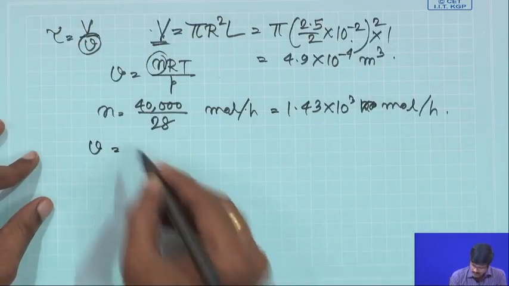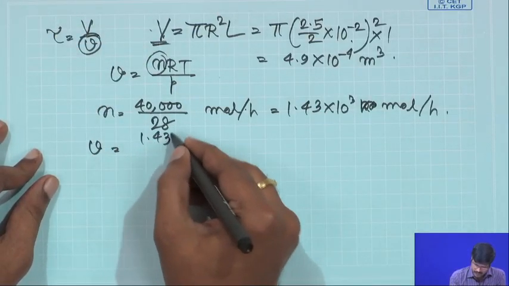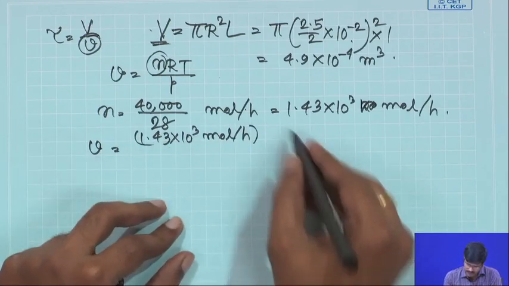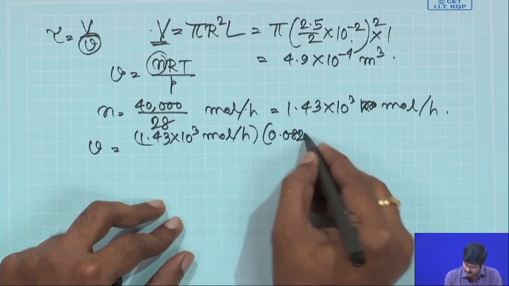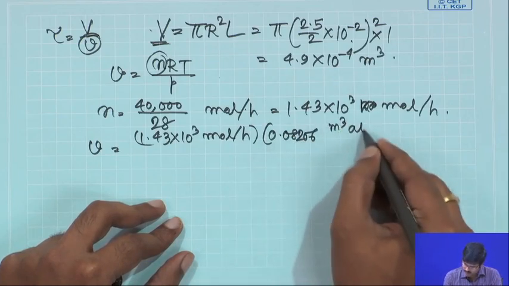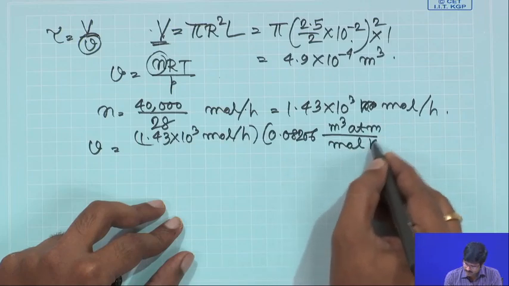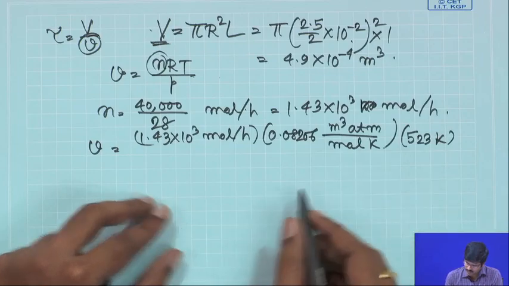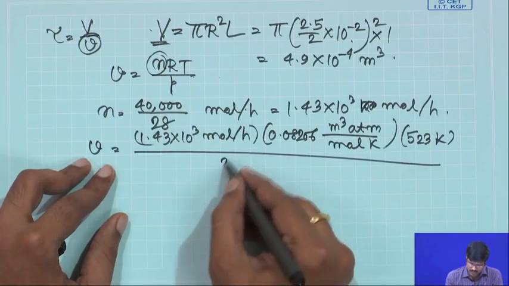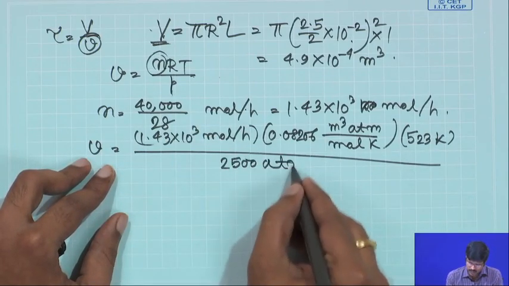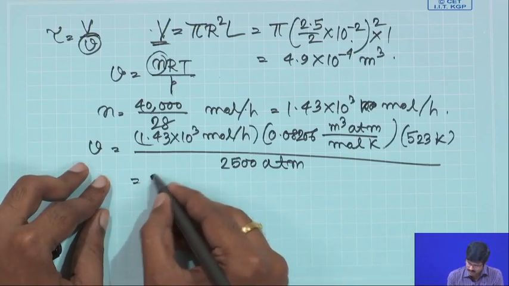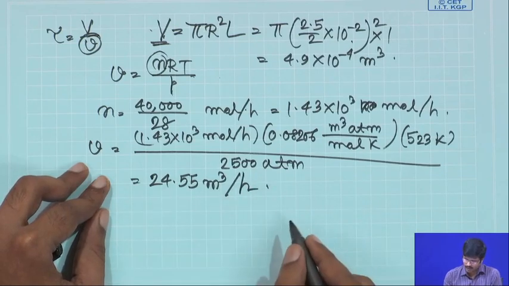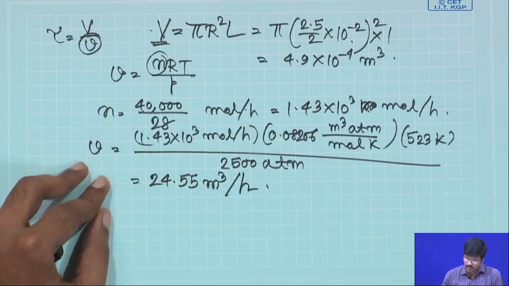Then your small v is 1.43 into 10 to the power 3 moles per hour, and the value of R is 0.08206 meter cube atmosphere per mole Kelvin, into your temperature of 523 Kelvin, divided by P, which is 2500 atmosphere. If you work this out, it comes out as something like 24.55 meter cube per hour.